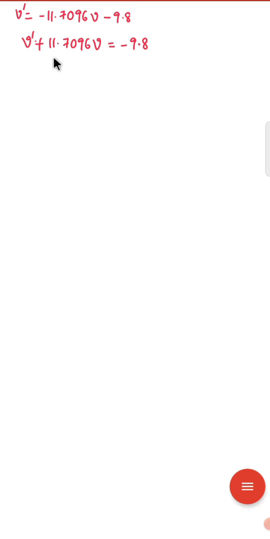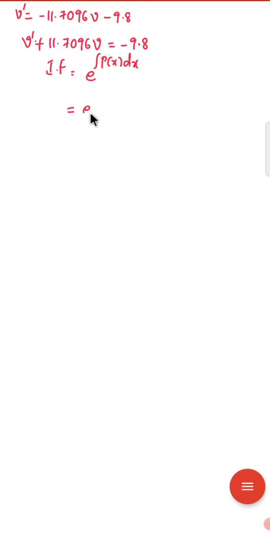So it will be like finding the integration factor. The IF is nothing but e to the power of integral p of x dx.